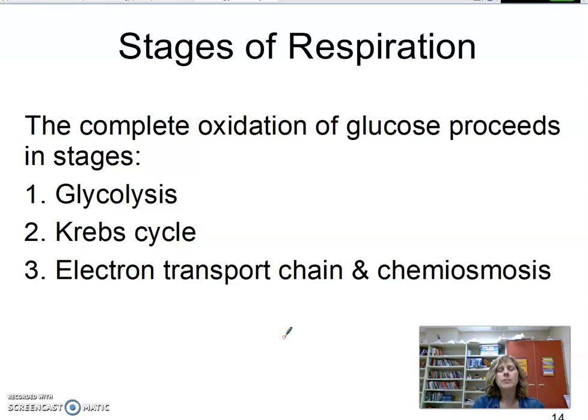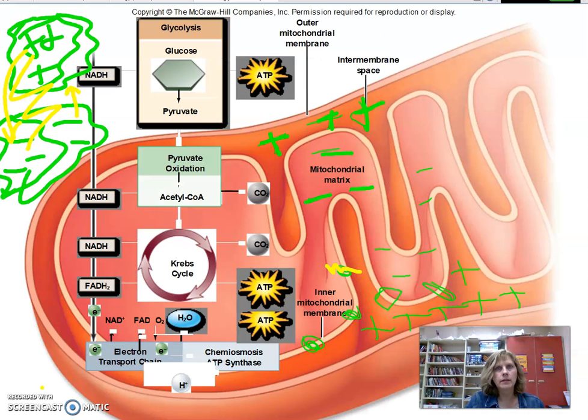So we're going to talk about cellular respiration in 3 stages. First is glycolysis, then the Krebs cycle, which is also called the citric acid cycle sometimes, and then the electron transport chain and chemiosmosis. The biggest chunk of cellular respiration really does happen in the organelle called the mitochondria.